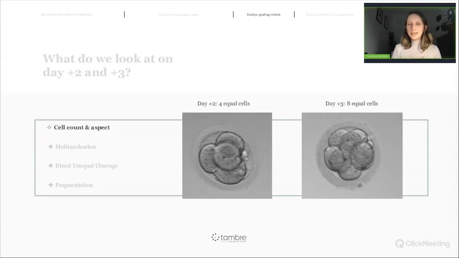Of course, this is the ideal situation, and we cannot forget that each embryo is different. So we're going to count the number of cells, and we can see a little bit more or a little bit less, as long as the embryo is dividing well throughout these first days. But of course, this is going to give us an idea of how the embryo is looking in terms of quality during the first days.